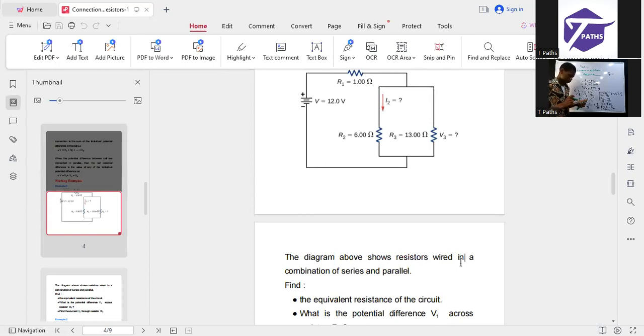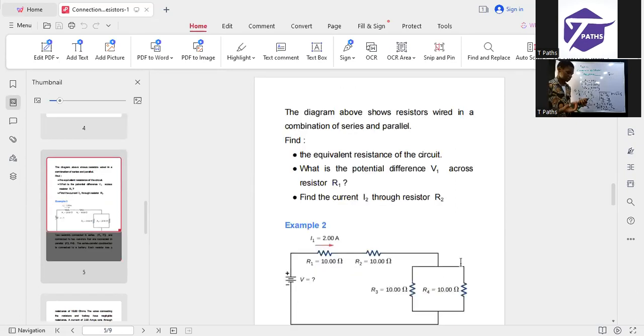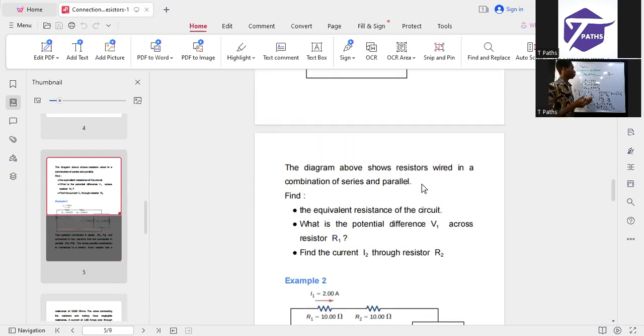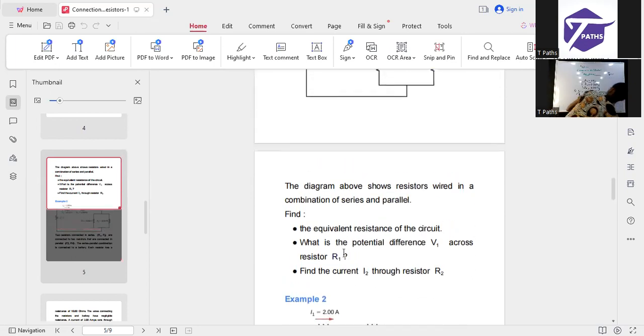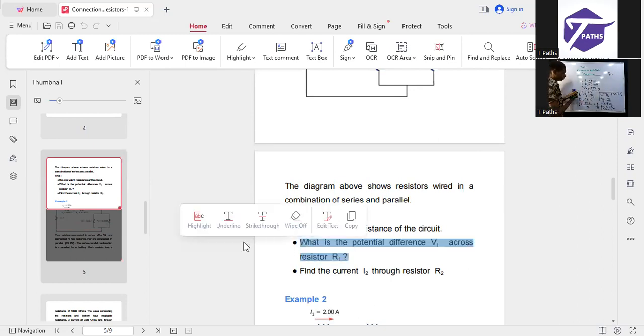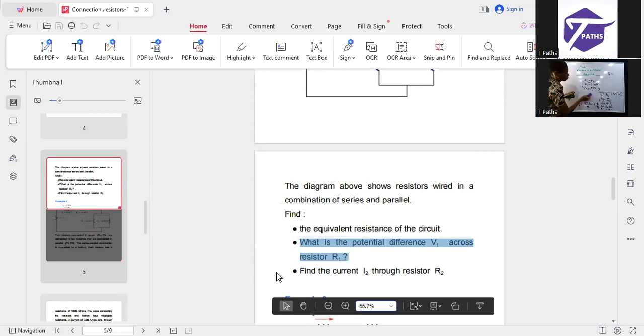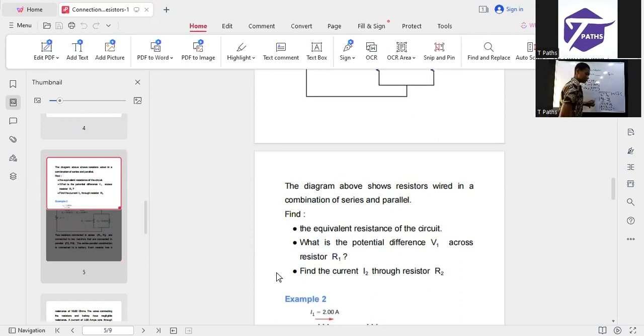The second question says, what is the potential difference V1 across resistor R1? Don't forget, I said when resistors are connected in series, their net potential difference is the sum of the individual potential differences of the resistors.